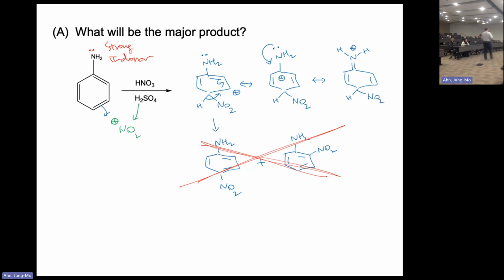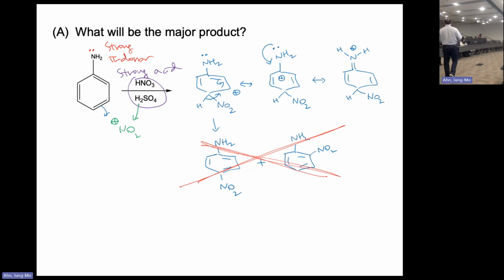What is the problem is that the condition of the reaction has a very strong acid. Nitric acid and sulfuric acid mixed together. You can see that these two strong acids mixed together make a very, very acidic solution. And then this acidic solution, what does it do to the amine? When a base sees an acid, what happens? They neutralize. That's the first reaction that happens. So this strong acid will protonate the amine.